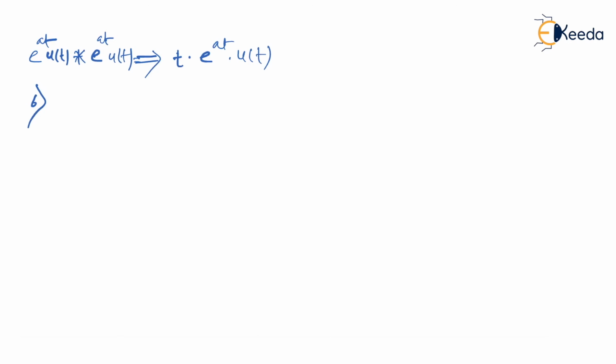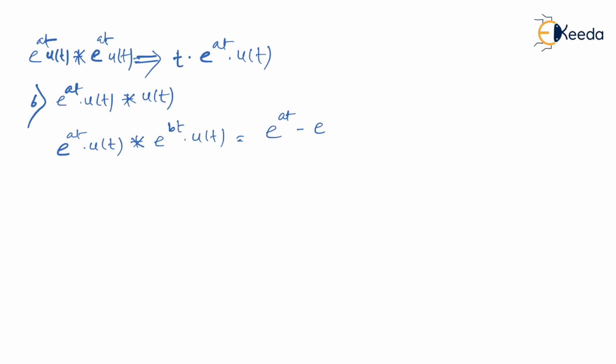And finally, what we have is e to the power at dot u of t convolved with only u of t. Is that right? So let me remind you, e to the power at u of t when convolved with e to the power bt dot u of t was equal to e to the power at minus e to the power bt, whole divided by a minus b, and this whole multiplied with u of t.